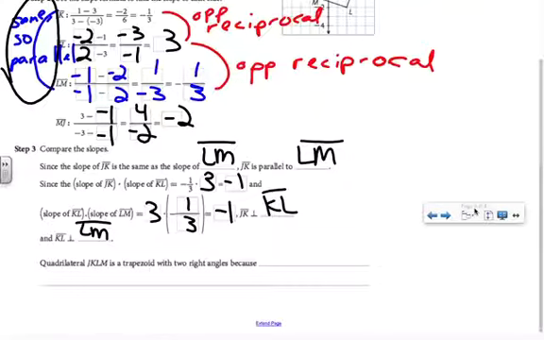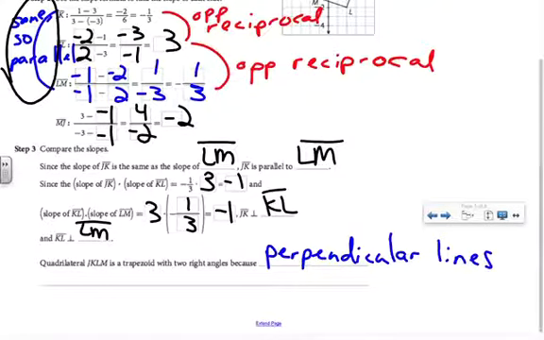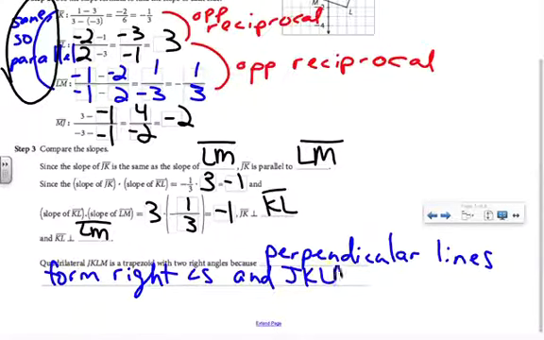Therefore, quadrilateral JKLM is a trapezoid with two right angles because perpendicular lines form right angles and JKLM has one pair of opposite parallel sides.